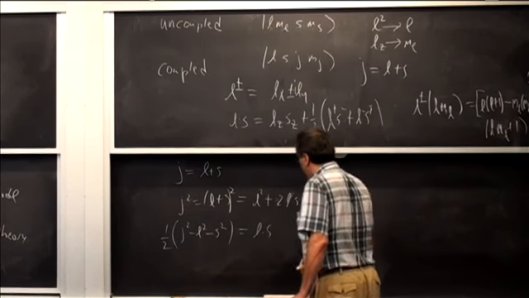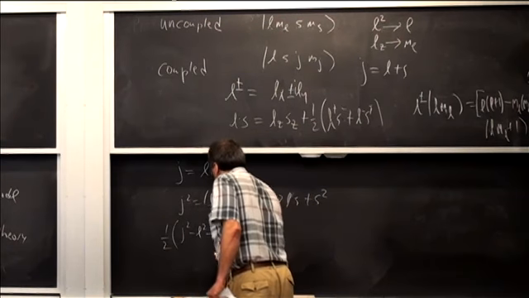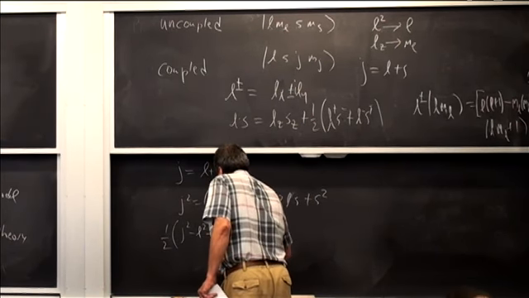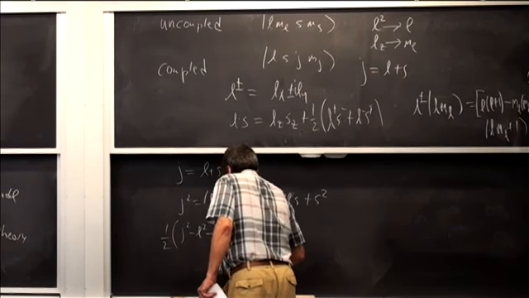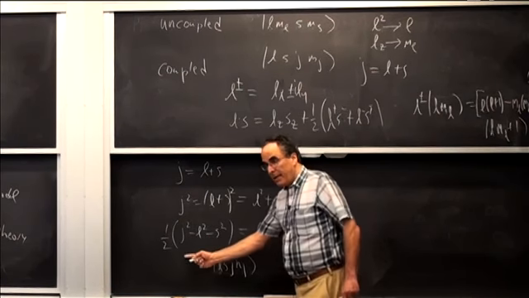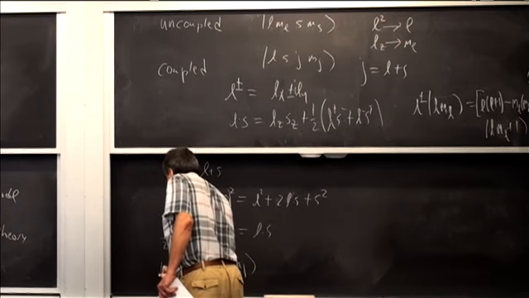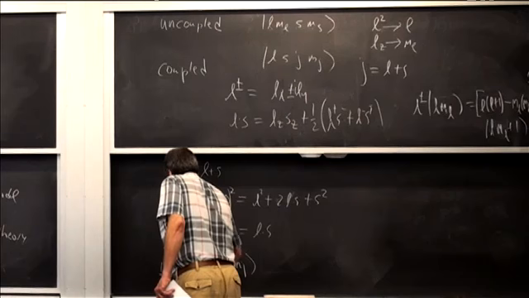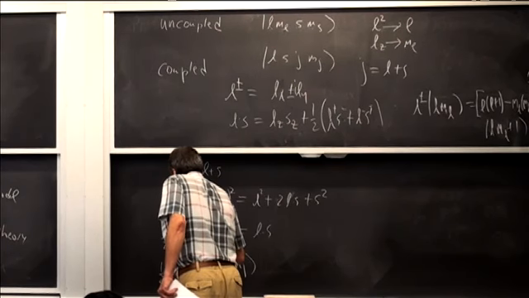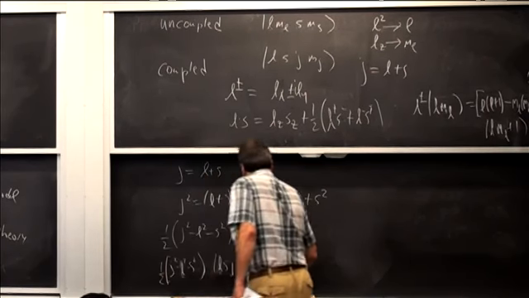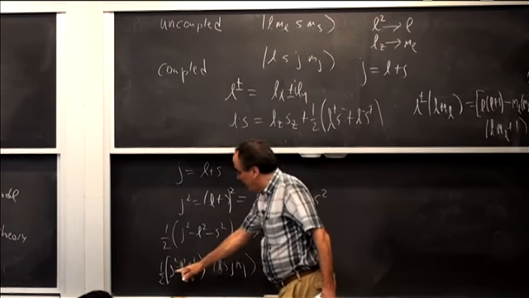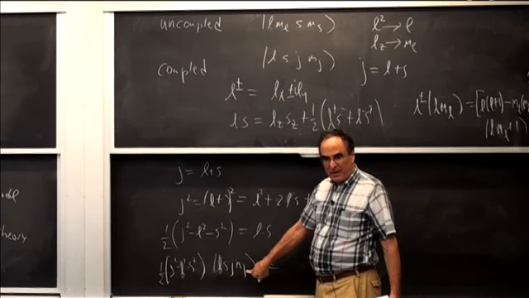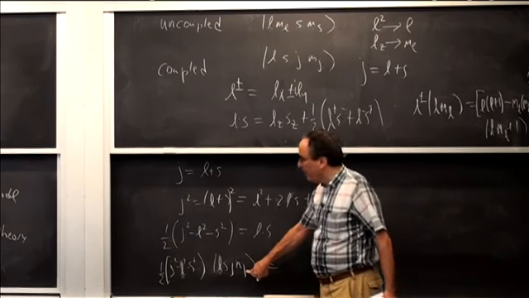So if we're operating in the L, S, J, M_J basis set, this thing operating on that gives me one half J squared minus L squared minus S squared. These are the operators for which we have quantum numbers here, so that means no work.